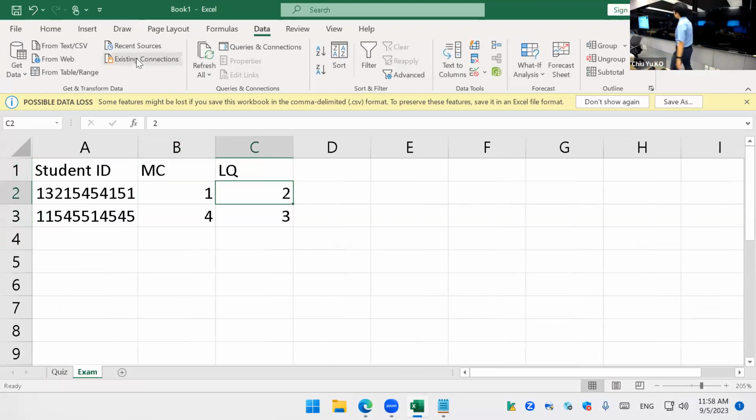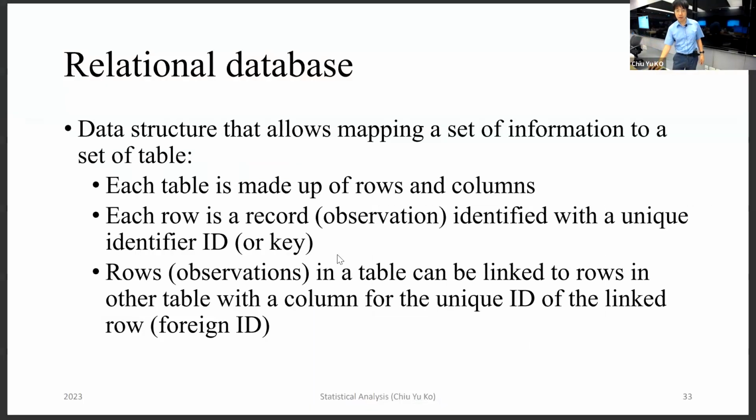I'm not saying that my exam has MCQ or long questions, just an example only. With each table, you have an ID here, and you can connect to the other one. That is what we call the relational table. Each table has a unique ID, and you link to the other one. Is that clear?